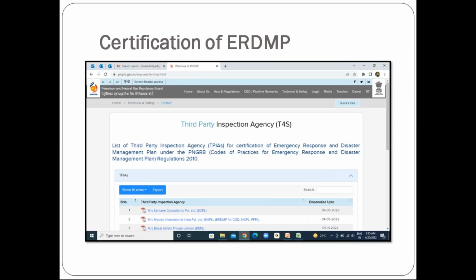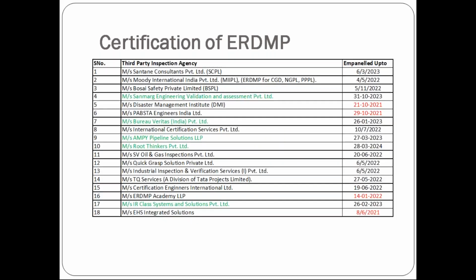These are the names of a few of the investigation bodies: Bureau Veritas, Root Thinkers, IR Class. There are many adequate agencies for certification, so an entity can connect with these agencies and get their plan certified.